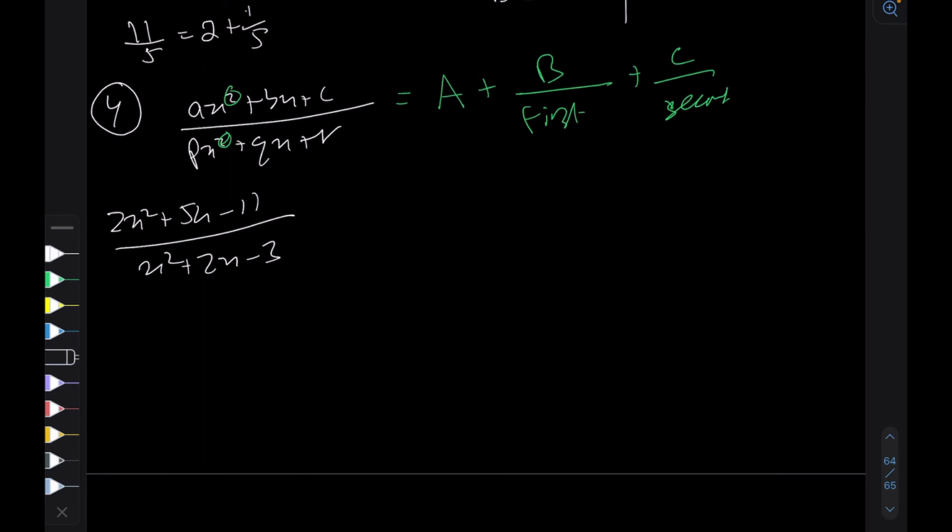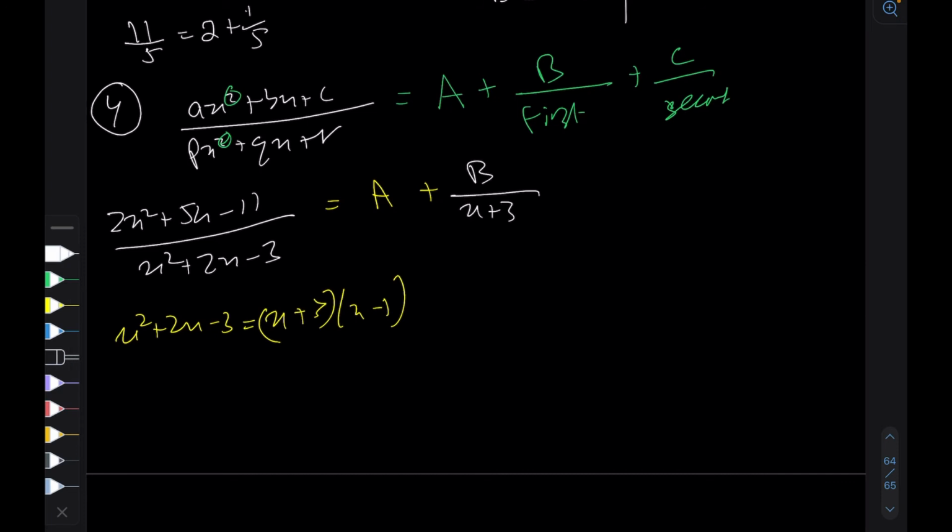But instead what I'm going to do is say that this equals a plus, okay, so what are the factors of x squared plus 2x minus 3? We can middle term break, it would be x plus 3 multiplied with x minus 1, right? So we know that this would be b over x plus 3 plus c over x minus 1. Let me erase this, right?